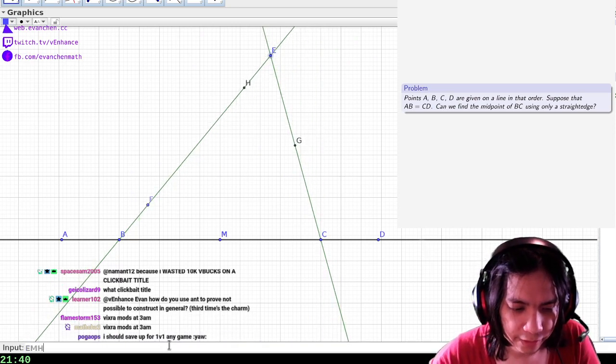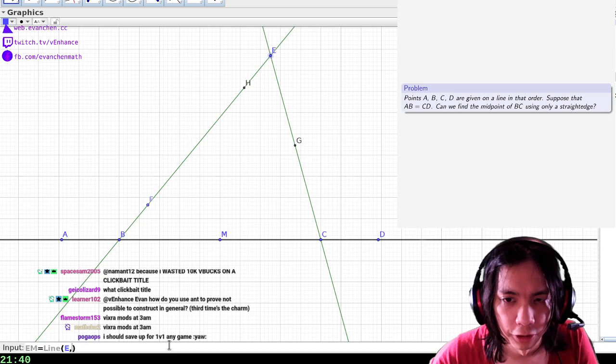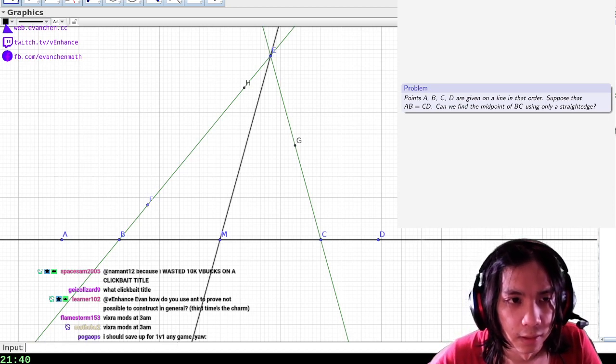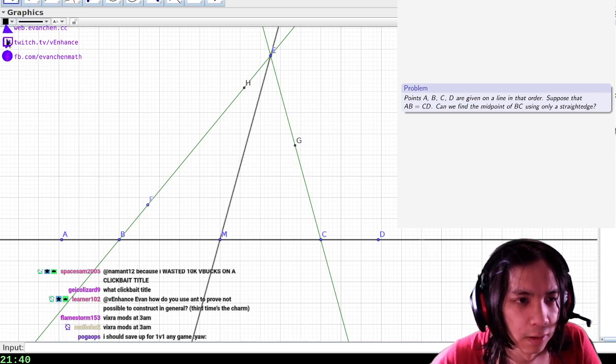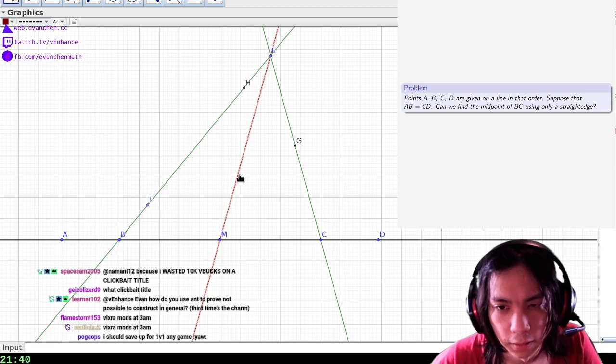Okay, and the target line is EM. Once we get line EM, we're done. So let me color this a red dashed line so we remember what we're doing.